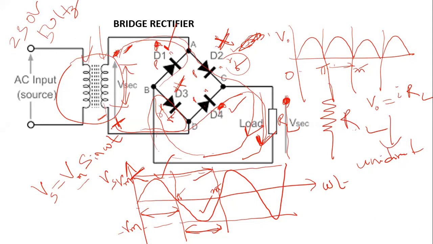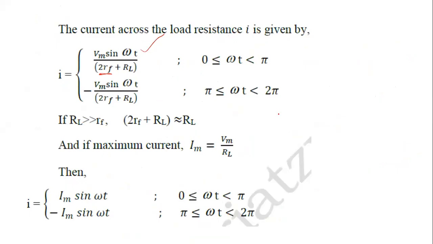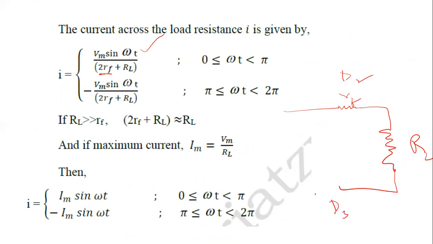So the total resistance of the circuit will be like this: it passes through the small forward resistance of diode D2, then through the load resistance RL, then through diode D3, which also has a small resistance of RF, and it goes through the secondary of the transformer.